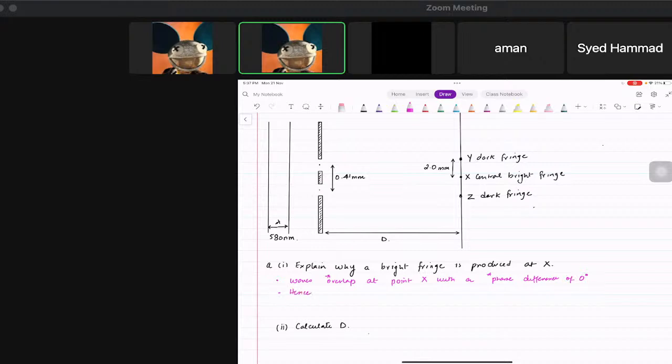So hence constructive interference gives a bright fringe. Now if this was the dark one, the minima, I would have said it's because the phase difference was 180 degrees or its multiples, because it was destructive interference.